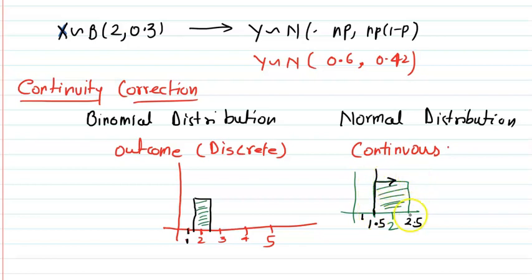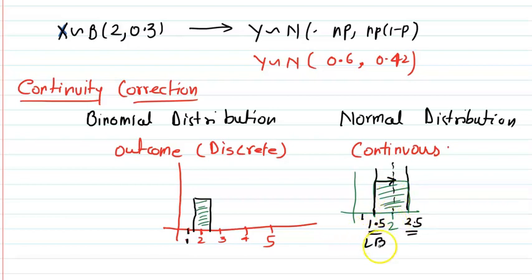And after 2.5, once you go to 2.6, then 3 will start. So continuity correction for 2 is between 1.5 and 2.5, right? Why are we not taking just 2? Because if you take just 2, there will be a line, and the area of one line in a normal distribution is equivalent to 0. So that's why we require continuity correction here.